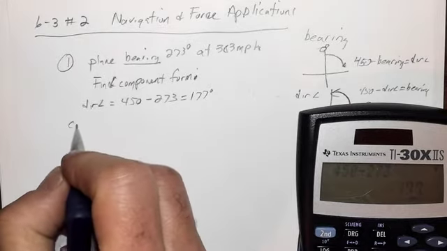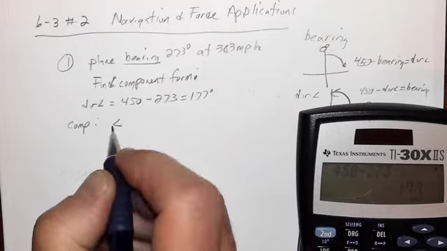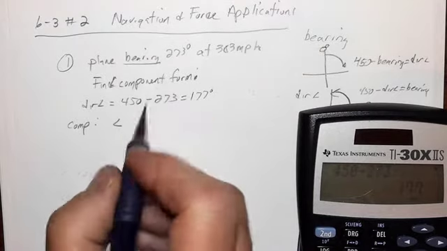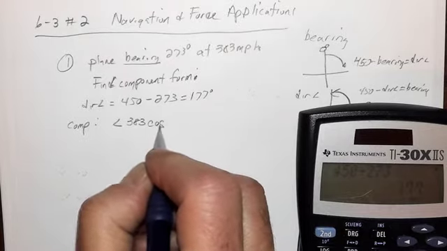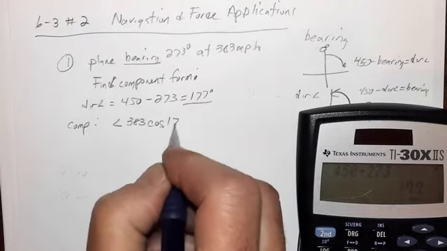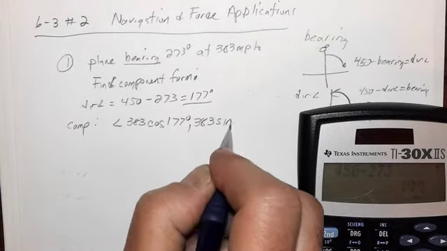So now the component form of the airplane is going to be its speed, 383, the magnitude, times the cosine of its direction angle, 177, and 383 sine of 177.